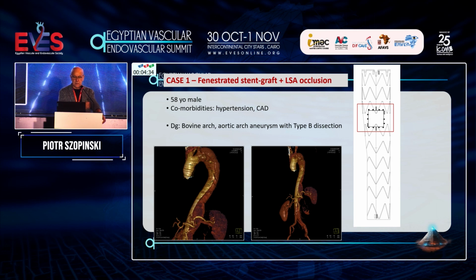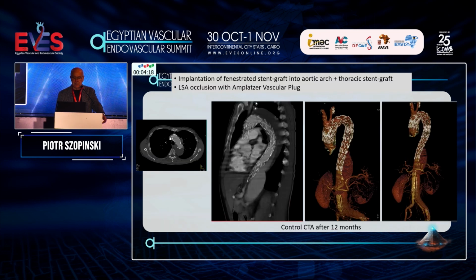This is one of the simplest ones. This is a bovine arch with aortic arch aneurysm and coexisting type B dissection. In this particular situation, we decided to accept a fenestration in the stent graft.